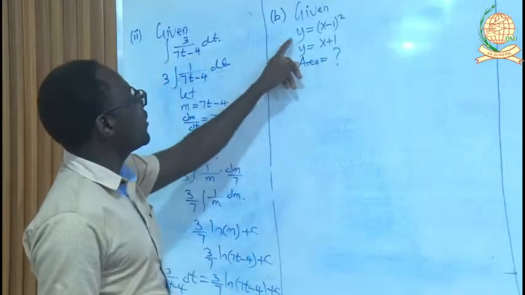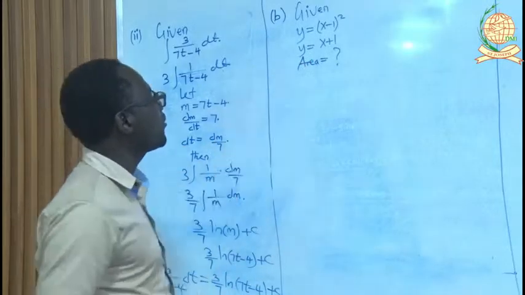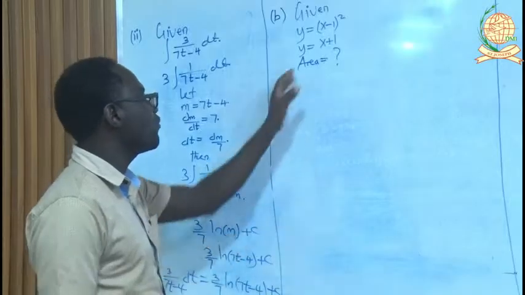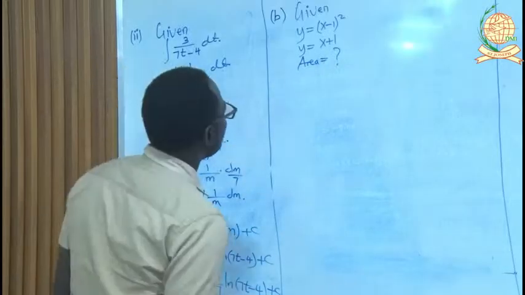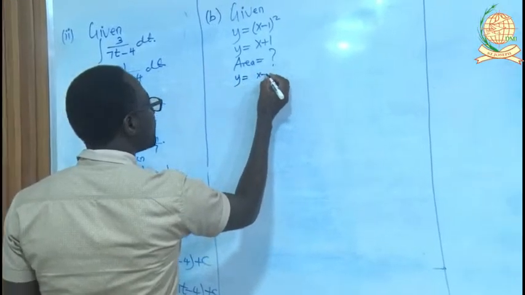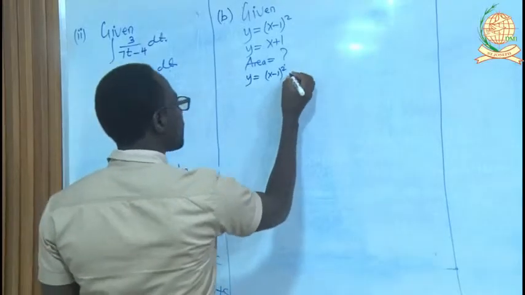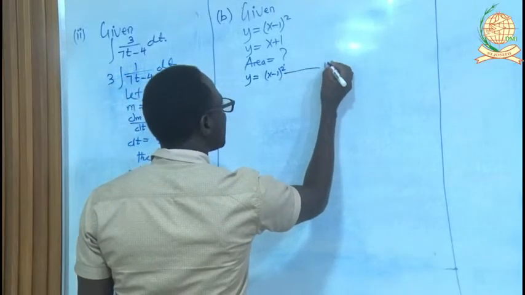But you have y equals x minus 1 squared and y equals x plus 1. Then find the area. Okay, to do this question, the first step is to find the limits of integration. So y equals x minus 1 squared, you take this one as the first equation.